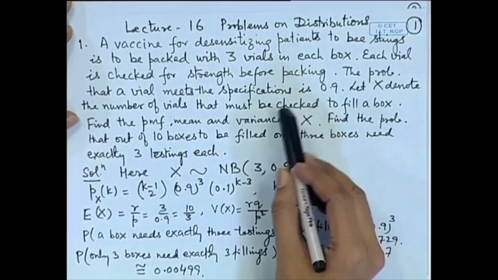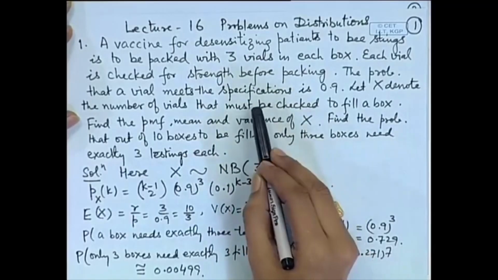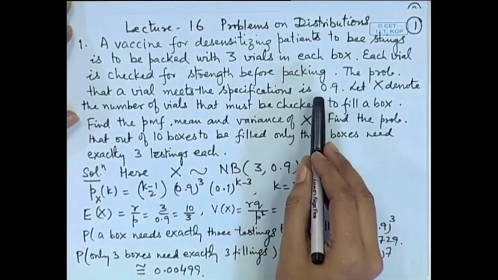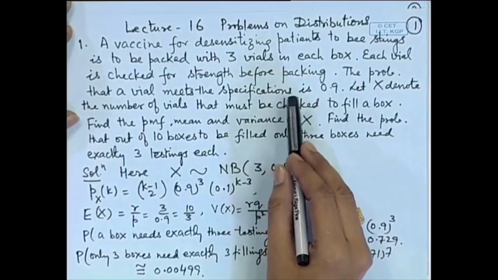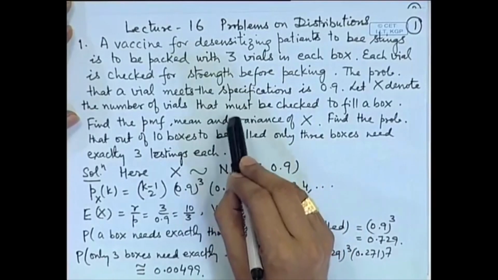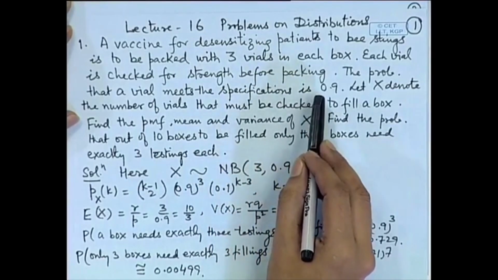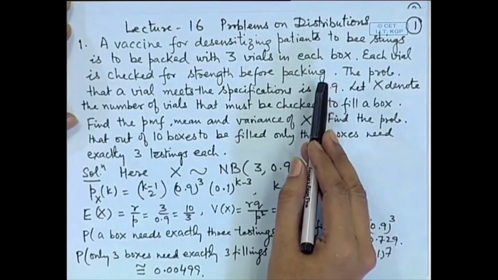Under these assumptions, the vial meeting a specification or not becomes a Bernoullian trial. So, this is a sequence of Bernoullian trials. Now, we keep on checking till 3 vials meet the specification, and then we pack it in a box.